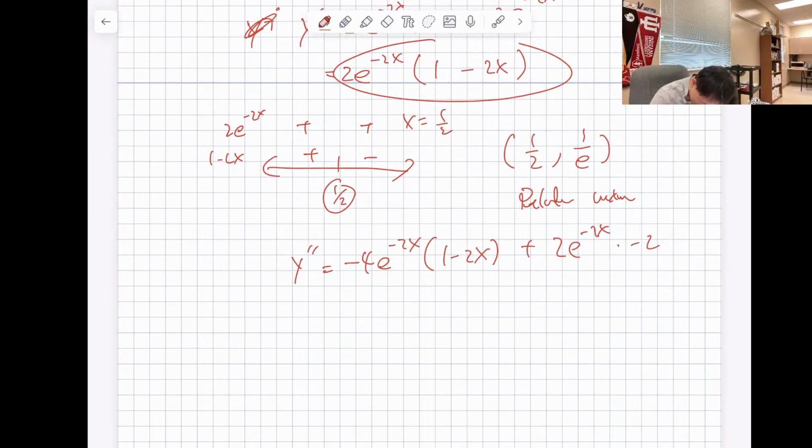Is that okay? So then I will factor out e to the negative 2x. Or can I take out 4? Can I take out negative 4? Can I take out 4? So that is going to give you what?